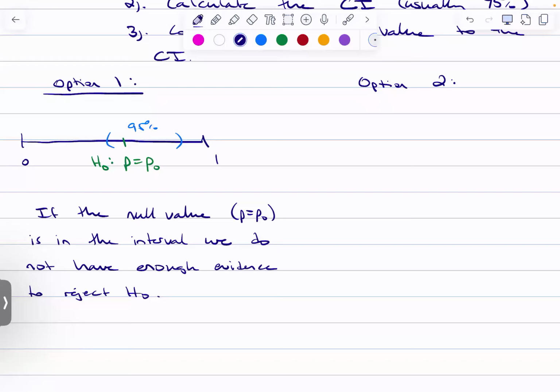Option 2 is what we saw. Option 2 is if we build our interval, so our P is between 0 and 1, and again, we build a 95% confidence interval here, and maybe my H naught, that P is equal to P naught, was way down here. It's outside the interval which we found.